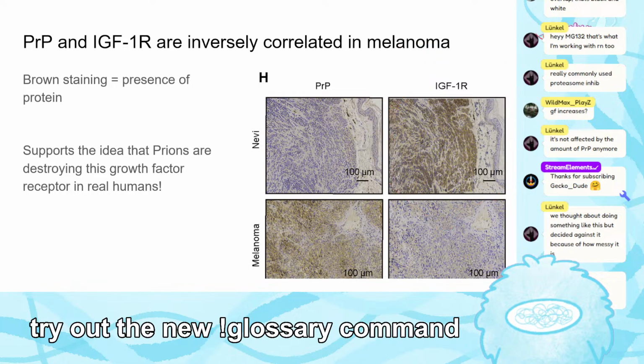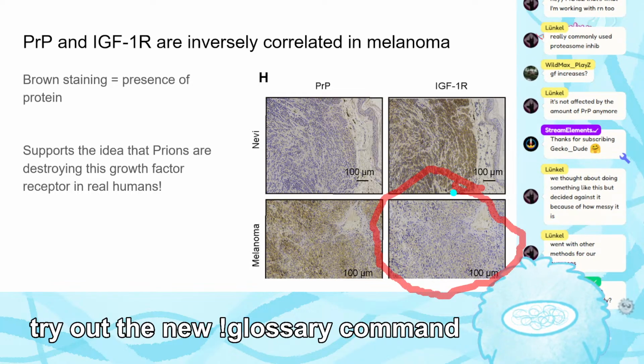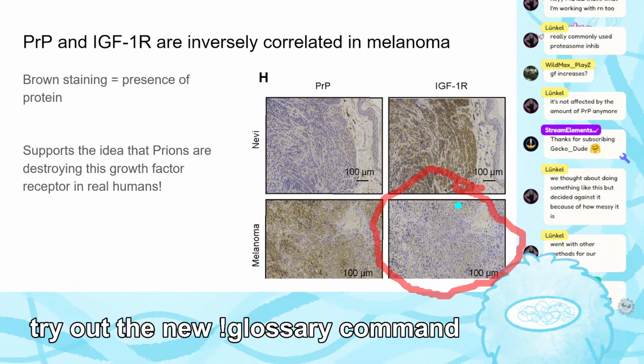When you have melanoma down here, there's a lot of prion protein, and then the inverse relationship, not a lot of growth factor receptor. So this is another thing that is consistent with this story so far, that prions are destroying this growth factor receptor in real humans.